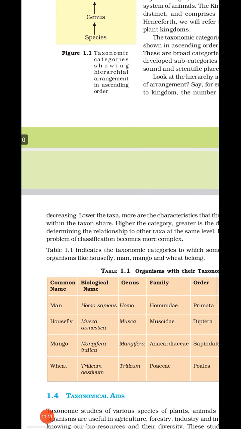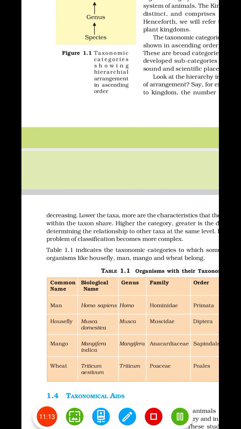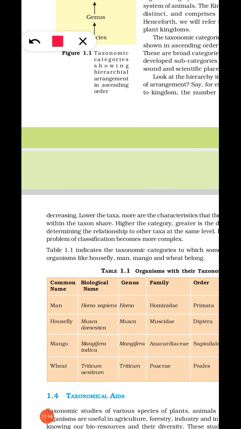So first is human being, man. Man's biological name is Homo sapiens. Genus is Homo. Family is Hominidae. Order is Primata.